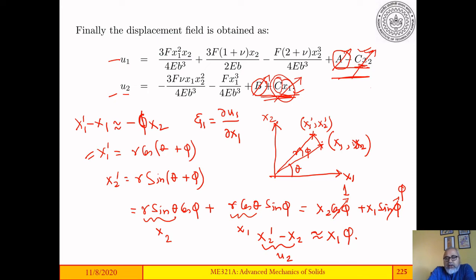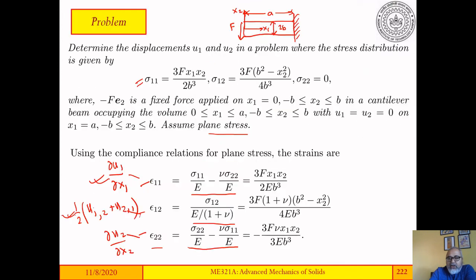Now depending on the problem, like we have the problem here, these rotations and translations will be restricted by conditions on del v u, which in this case is this. The built-in edge will prevent the rigid body rotation and translation of this cantilever beam.